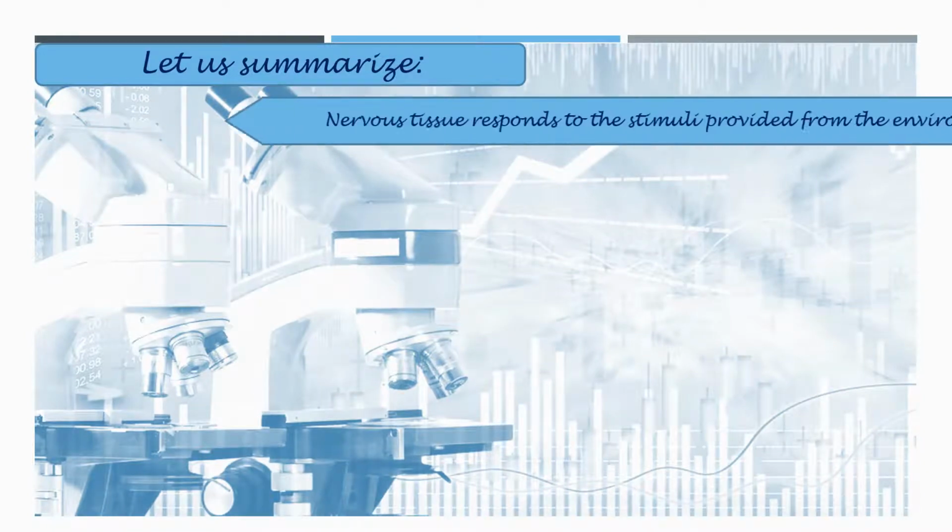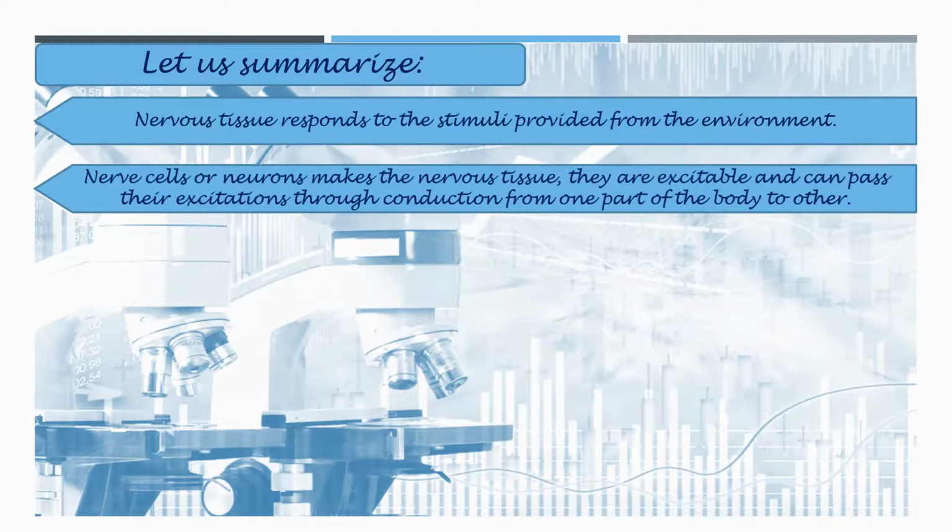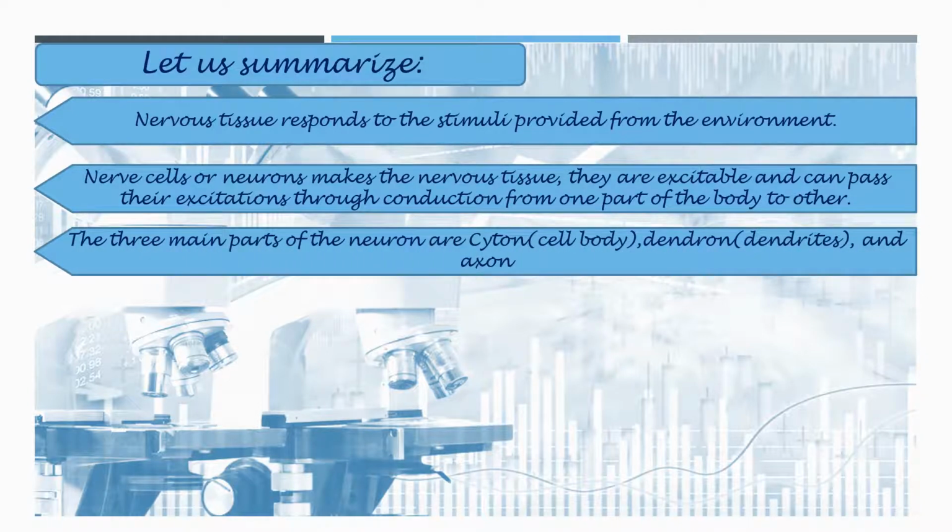Nervous tissue responds to the stimuli provided from the environment, and nerve cells or neurons make the nervous tissue. They are excitable and can pass their excitations through conduction from one part of the body to other. And the three main parts of the neuron are cyton, that is cell body, dendrites, and axon.